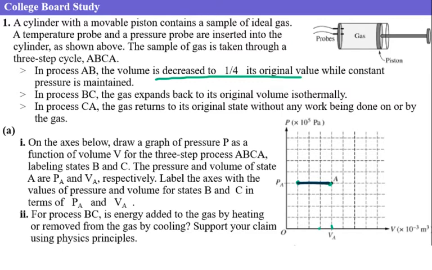So this will be B, and going in this direction. Then in the process BC, the gas expands back to its original volume isothermally. So it's going to go back to its original volume isothermally.